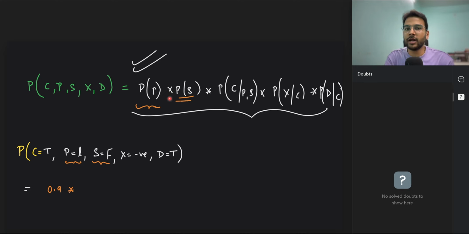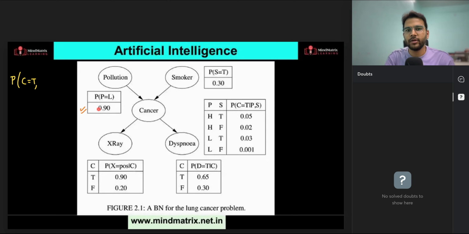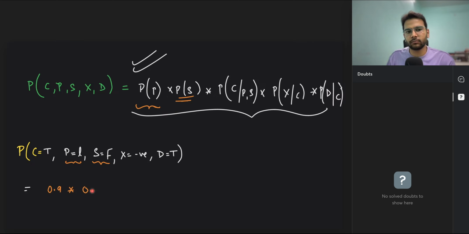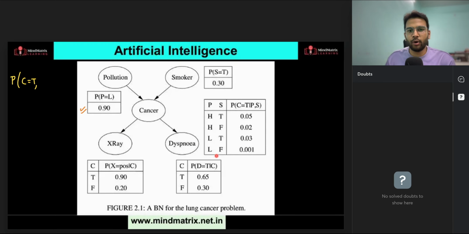So we are going to consider that particular value, smoker is false. Smoker true is 0.3, that means false is 0.7. Then probability of cancer given pollution is low and smoker is false. That is 0.001.